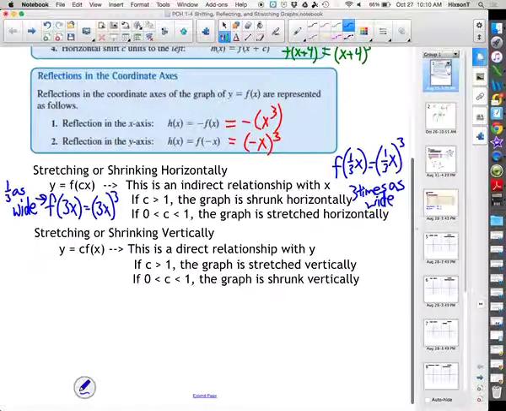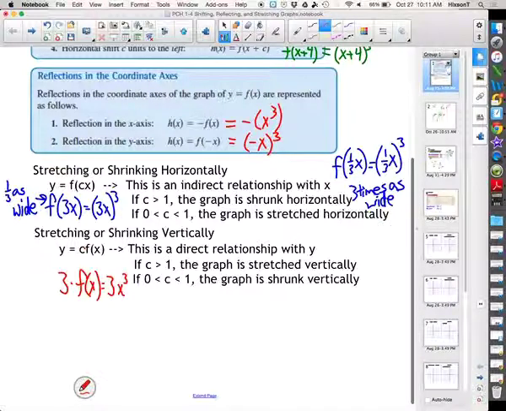So in this case, notice we're multiplying the actual function by a value. So we would have, say, 3 times f of x, which would look like this with our parent function x cubed. It would just be 3x cubed.